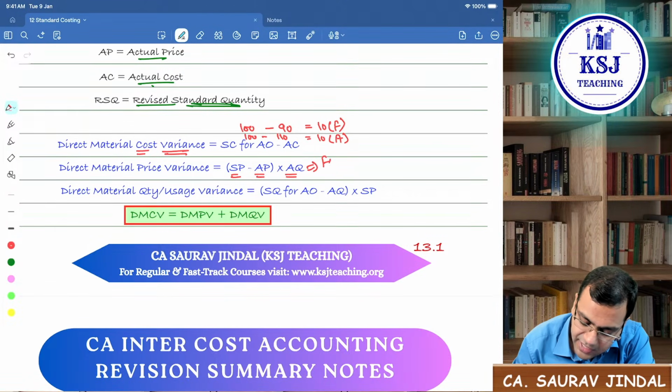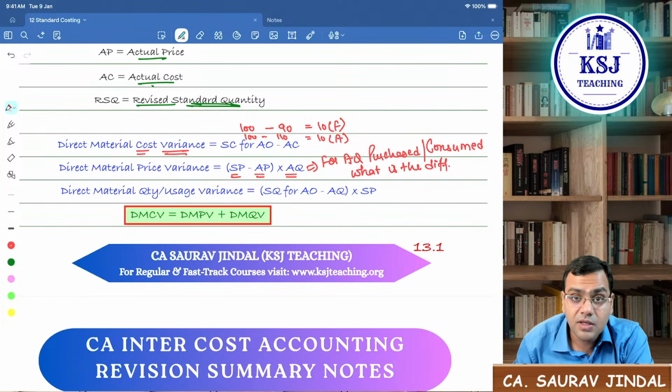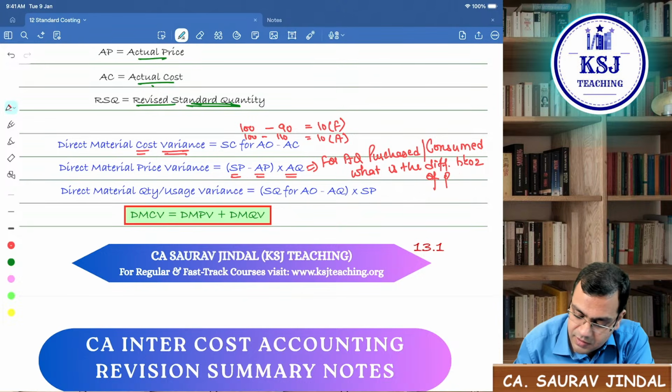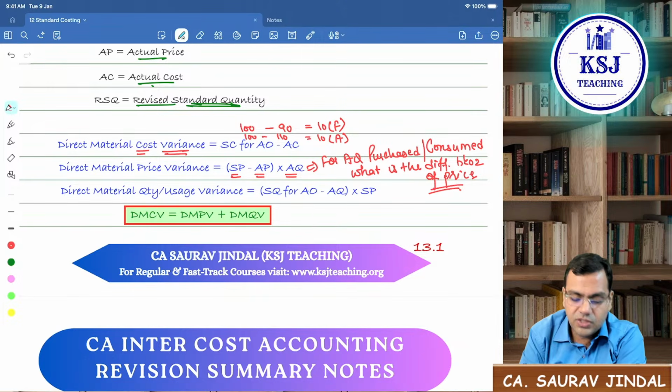That for actual quantity purchased or consumed, what is the difference because of the price? Right? So that is your direct material price variance.